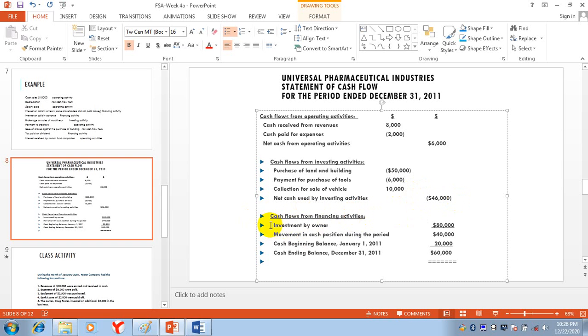Cash flow from financing activities. In financing activity, we just have investment by owner. He made an investment of 80,000. There is no other item.